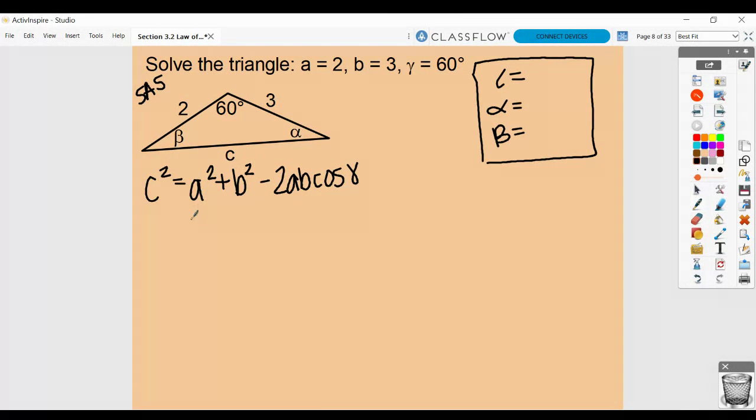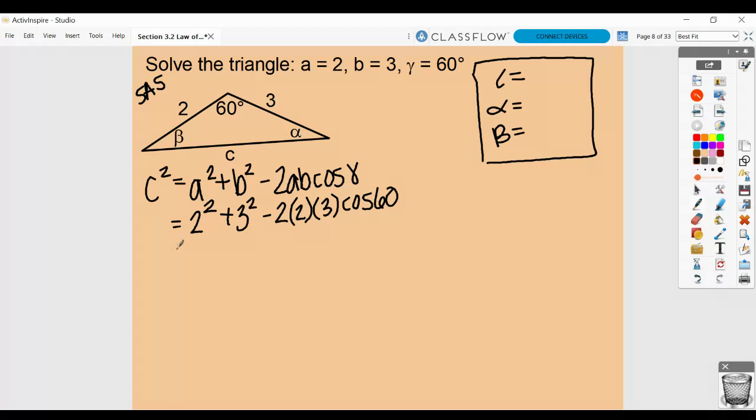So a squared, that would be 2 squared plus 3 squared minus 2 times 2 times 3 cosine of 60. Now I highly suggest not putting this entire thing into your calculator because you probably won't use the correct parentheses, so just take it piece by piece and go from there.